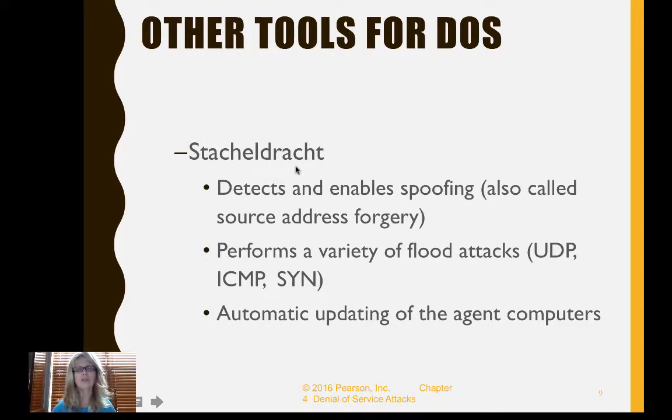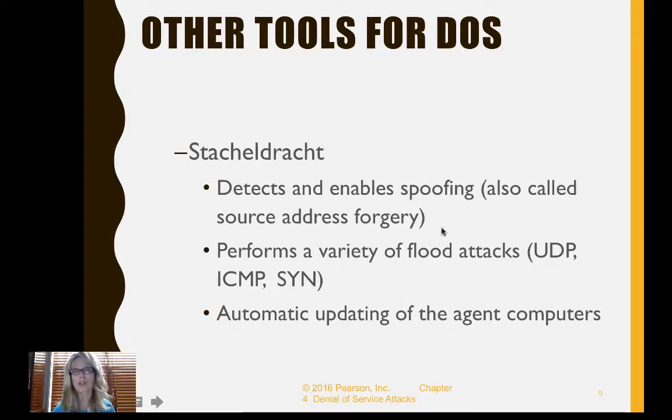Another tool that can be used for a DOS attack is Stacheldraht, which is a German word for wire barrier, and it too is useful because it enables spoofing, but it also will detect spoofing. So you can see it has multiple benefits. Spoofing is also called source address forgery.